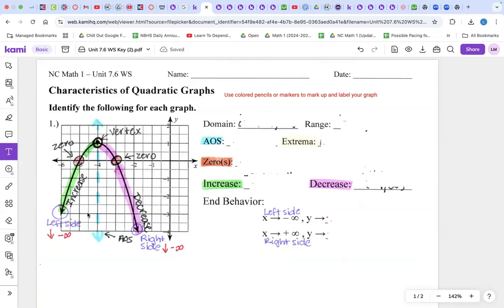Your domain, remember what the domain is: negative infinity, positive infinity. Range, remember where it starts. In this case, it ends because it's upside down. So it's negative infinity to what it stops at? 1.